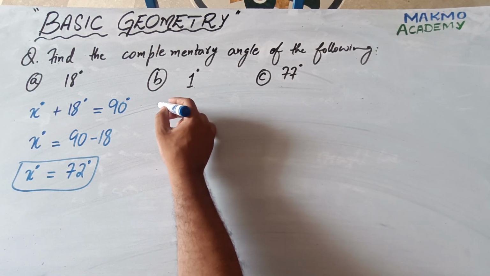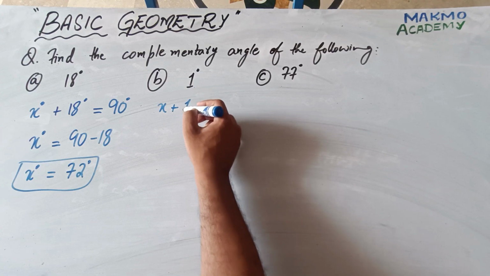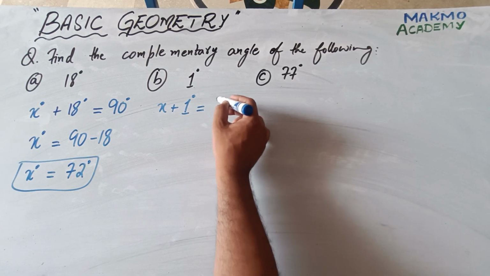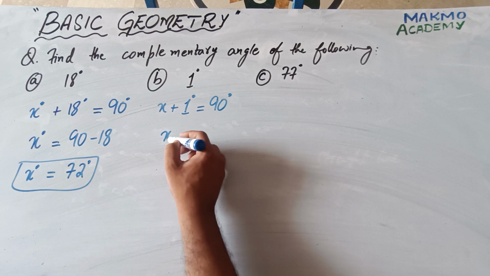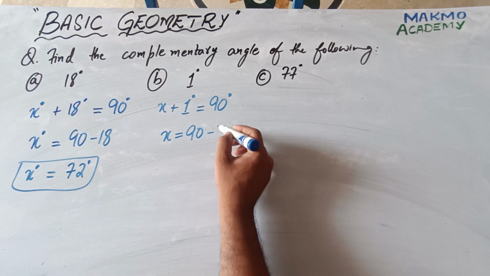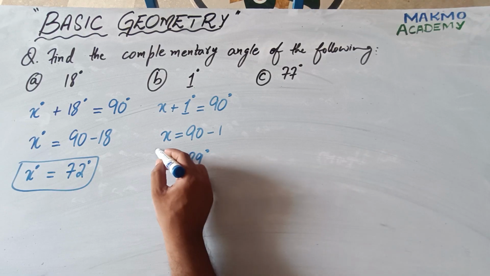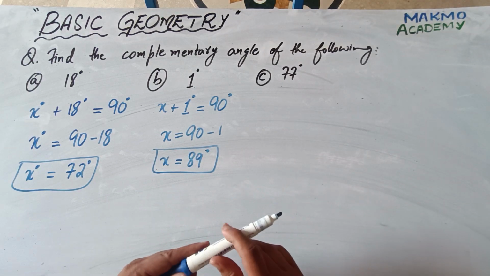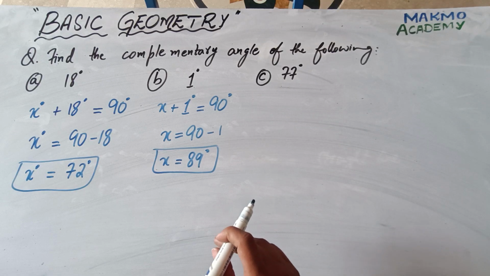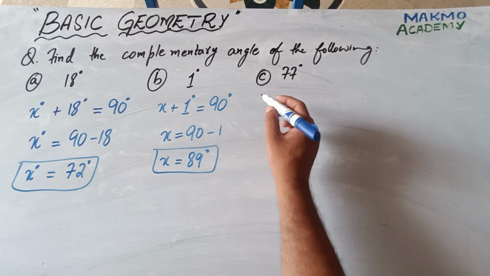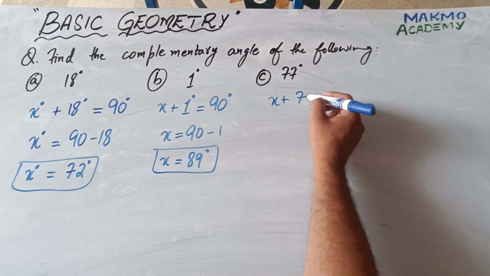Now if one angle is given which is equal to 1 degree and another angle is unknown, we will do the same. Subtract 1 from 90, this gives us 89 degrees. You can do it mentally as well, but there are times we need to show the solution.